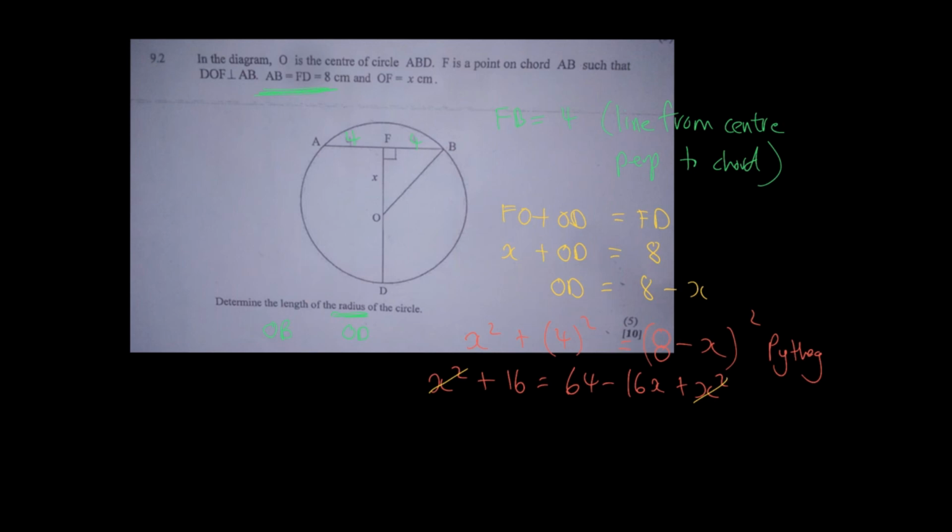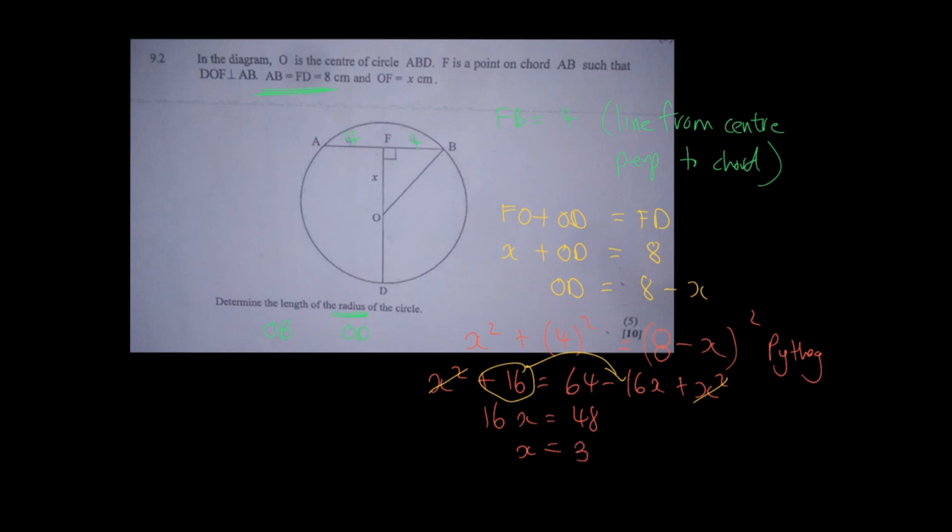So if I bring this minus 16x over to the left-hand side, I'd end up with positive 16x. And if I take this 16 over to the other side, I'm going to end up with 64 minus 16, which is going to leave me with 48. Therefore, I can divide both sides by 16, and I end up with x being equal to 3.